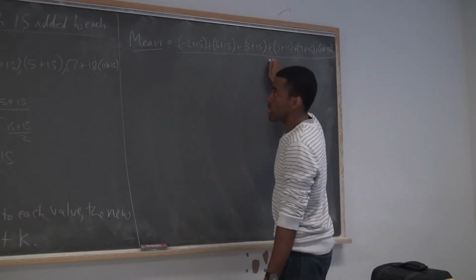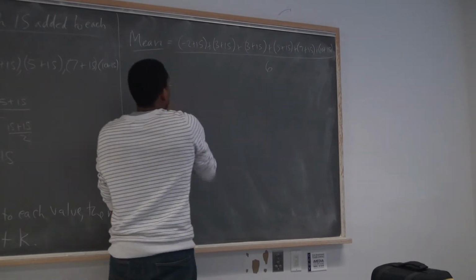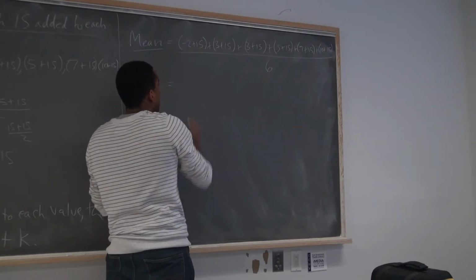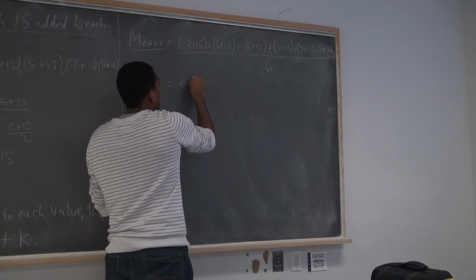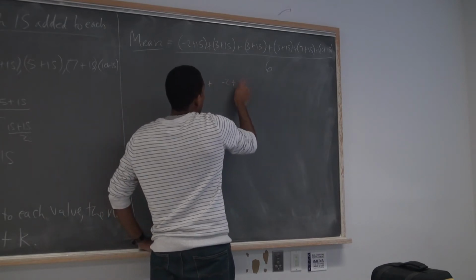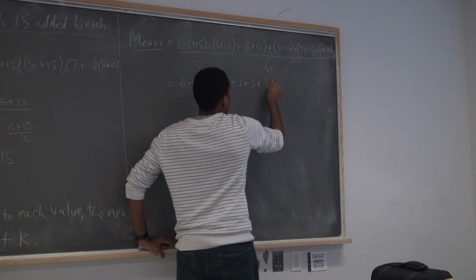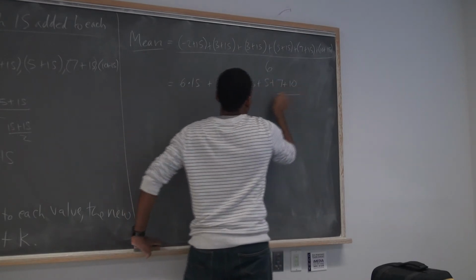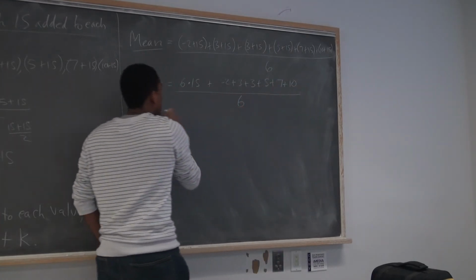All over, there are still 6 values. Now what you can do is take out 6 15s, plus the minus 2 plus 3 plus 3 plus 5 plus 7 plus 10, all over 6.